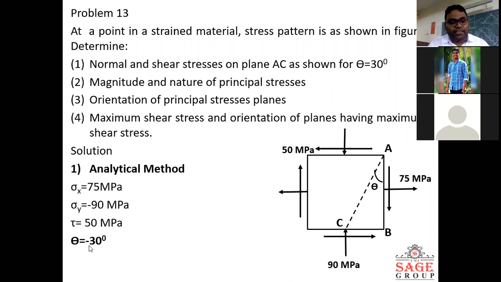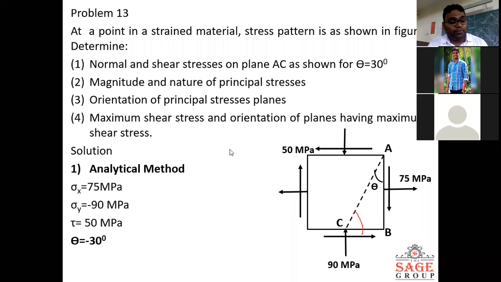Initially, when we derived the formula for finding the normal and shear stress on an inclined plane, we had taken theta at a different position, and now the given position is this, so we have to transform it. Simply write minus theta in the actual formula, and it will come out automatically. Or alternatively, you can write 90 minus theta and put it in the respective places. That is also possible, it doesn't matter.